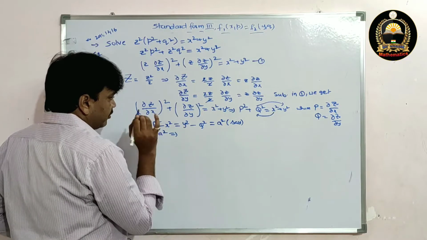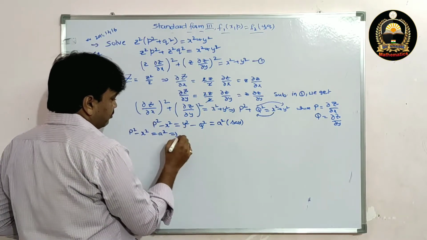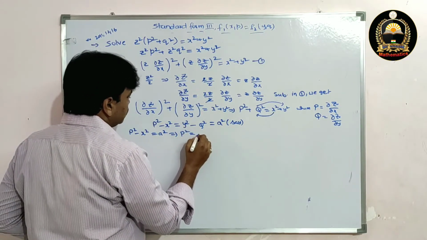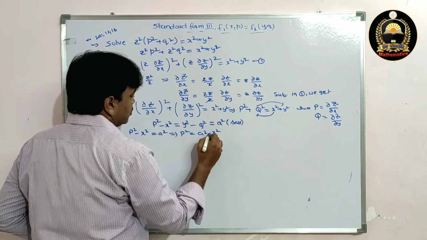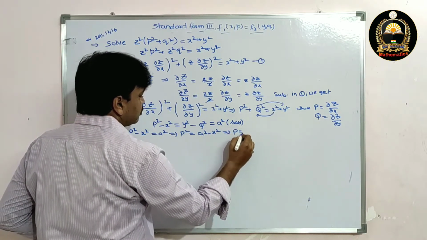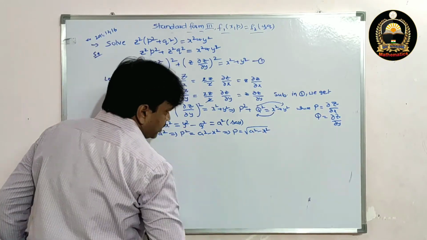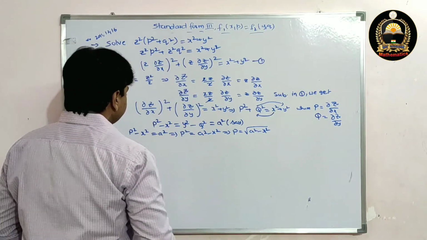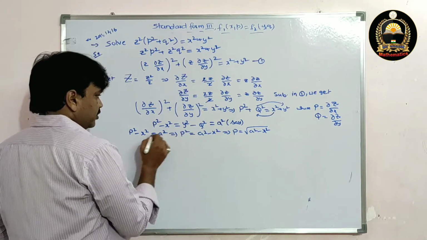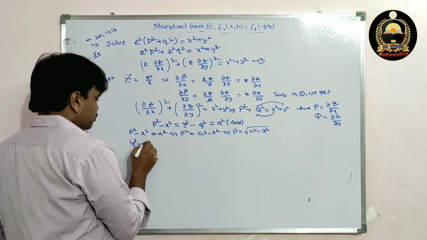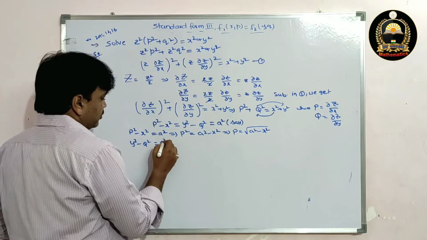That implies I want to find capital P. So capital P square that is equal to a square plus x square, so capital P that is equal to square root of a square plus x square. Now similarly, the second one, y square minus capital Q square that is equal to a square.